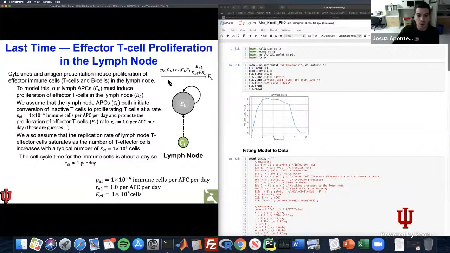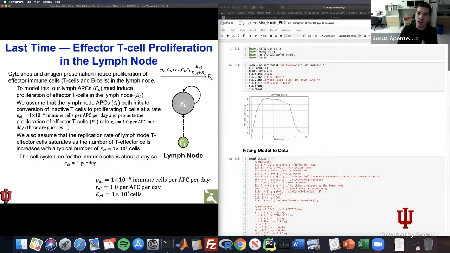So there are two things that need to happen in the lymph node. These effector cells need to proliferate. But for them to proliferate, there has to be some of them, right?